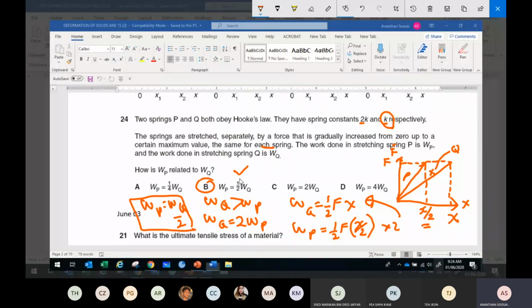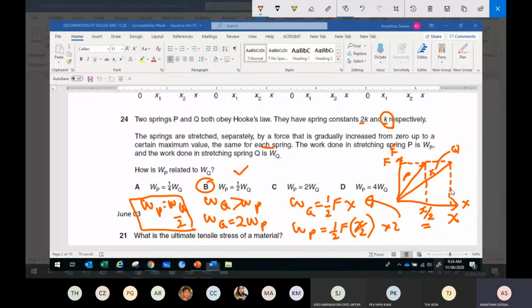So those who got B, good. Any questions? Do you understand the working? I think the F versus X graph can help you get the answer. P has gradient 2K, Q has K. Because Q is K without a number, we take the extension as X. Both have the same pulling force.